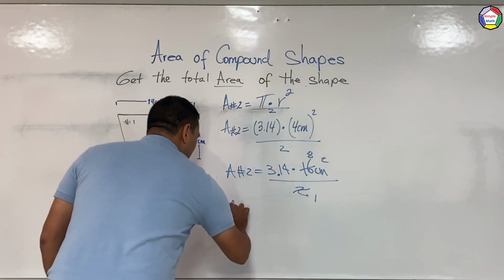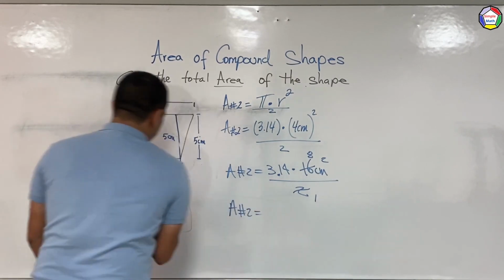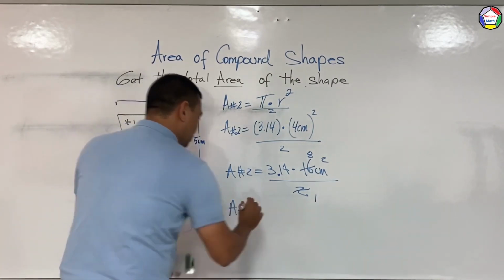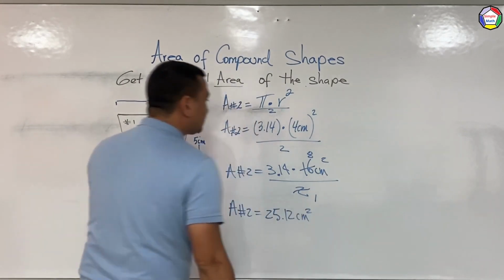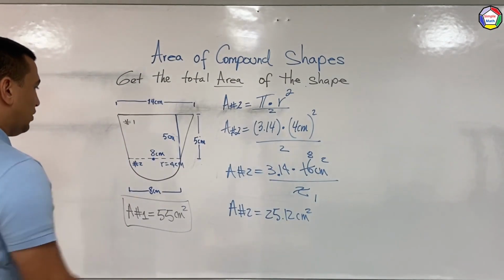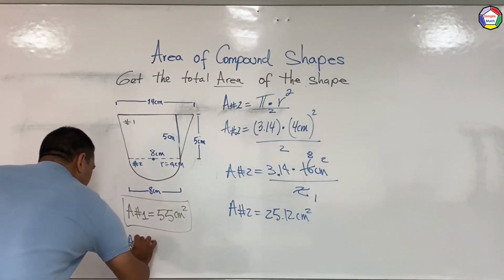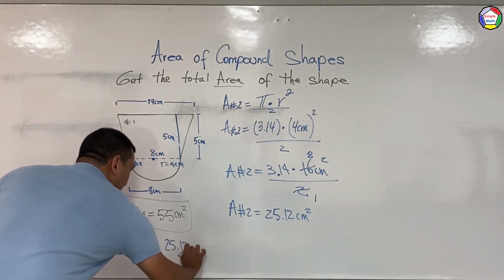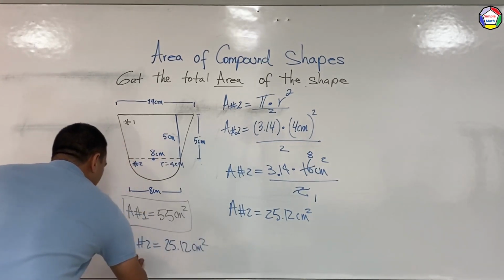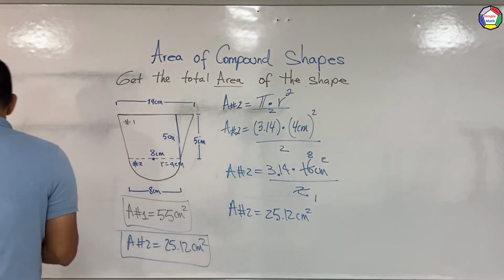So the area number 2, which is half of this circle, is 25.12 centimeters squared. Okay? So I will keep this here. The area of shape number 2 is equal to 25.12 centimeters squared.